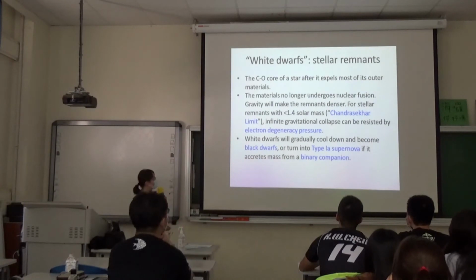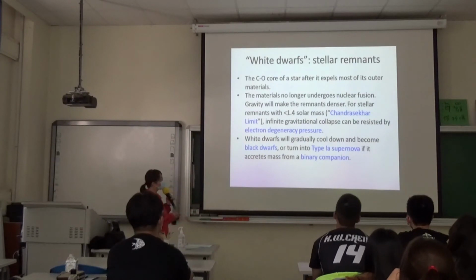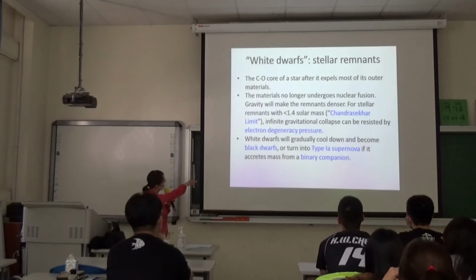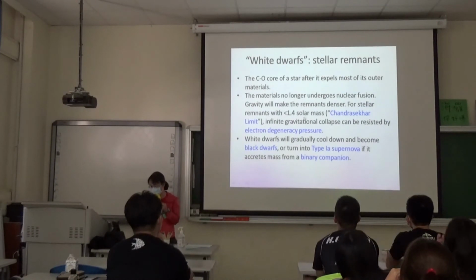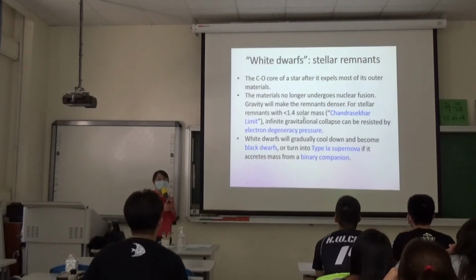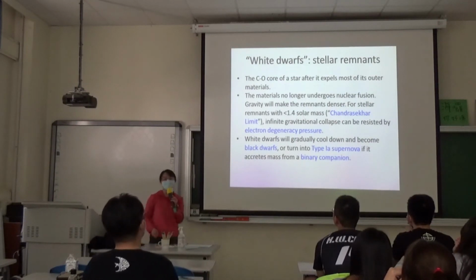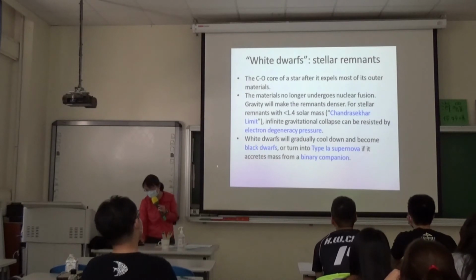And then let's review this term. At the end, the nuclear fusion will stop, and then the material will start to collapse again. However, because of the small mass, it does not exceed the physical limit called the Chandrasekhar limit.